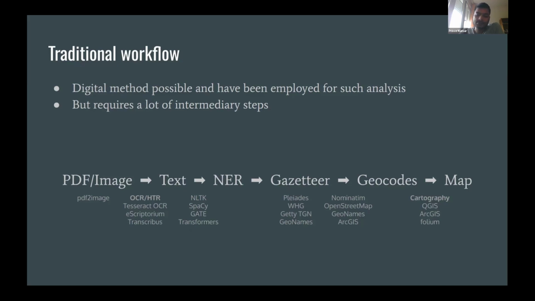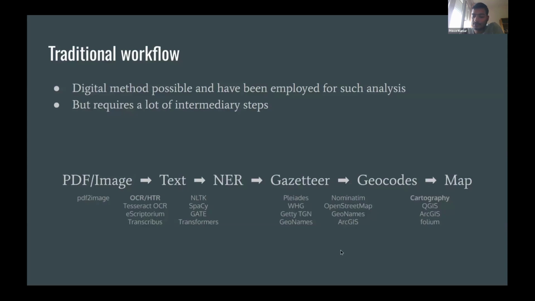And then those NER results have to be matched with a gazetteer to find the actual names, because of the historical names. The World Historical Gazetteer and Getty are gazetteers we can use.